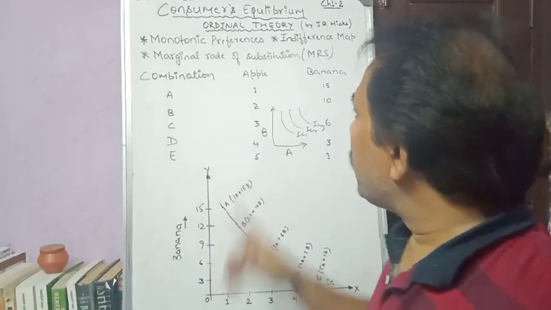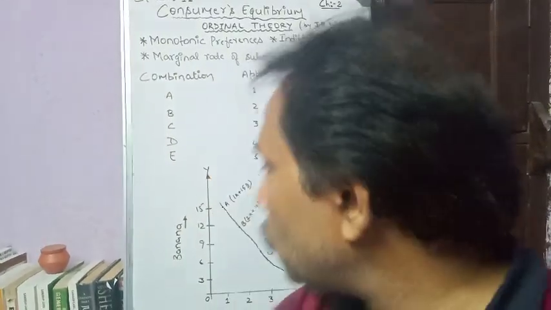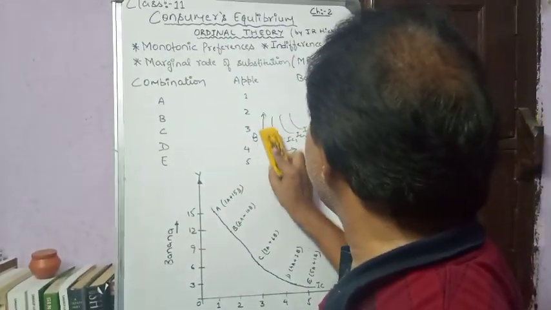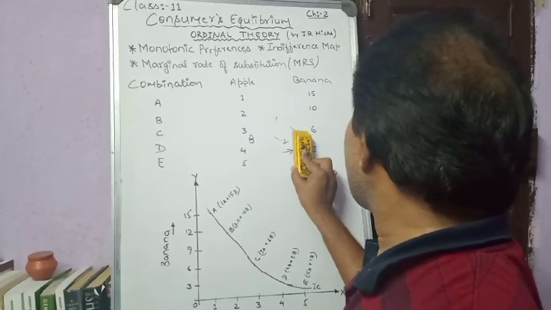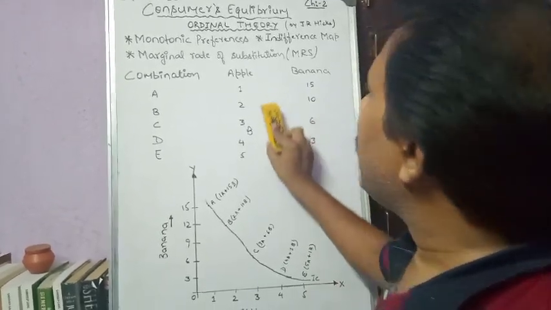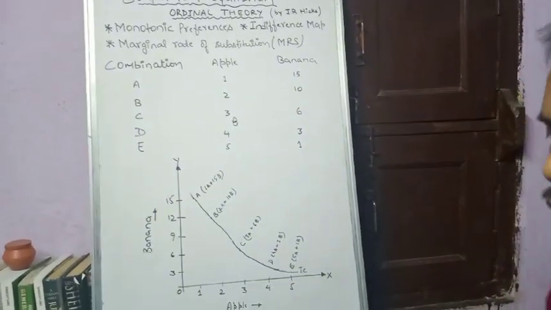Now come to the marginal rate of substitution. This is the most important because the whole theory is based on the marginal rate of substitution.